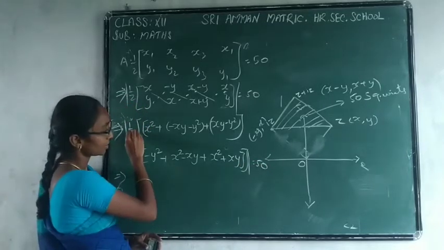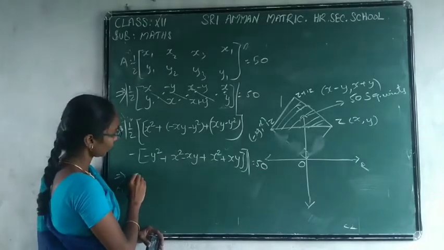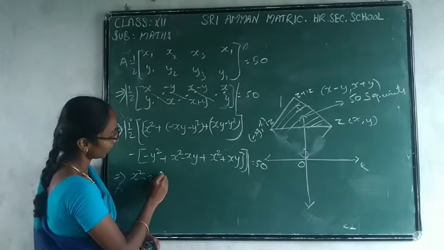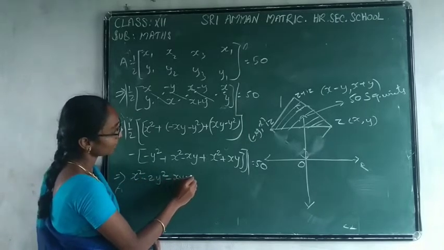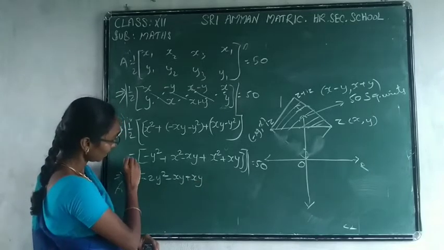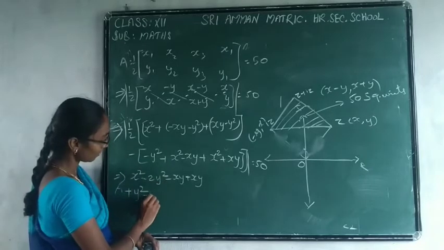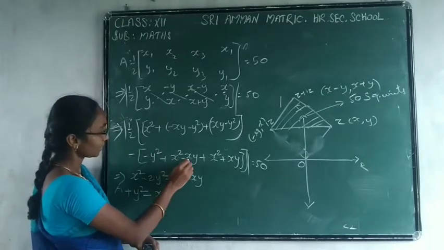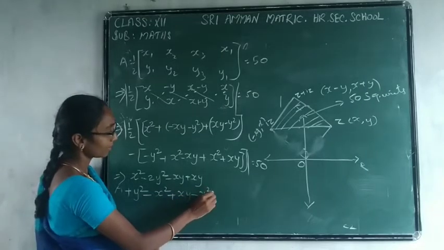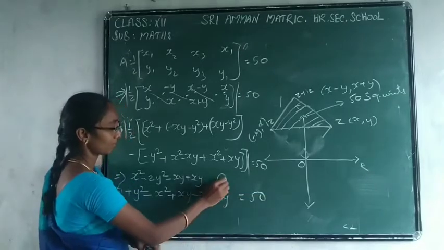Okay, this 2 goes to that side, 100. So x squared minus 2y squared minus xy plus xy, minus into minus plus y squared, minus into plus minus x squared, minus into minus plus xy, minus x squared minus xy, equal to 50.